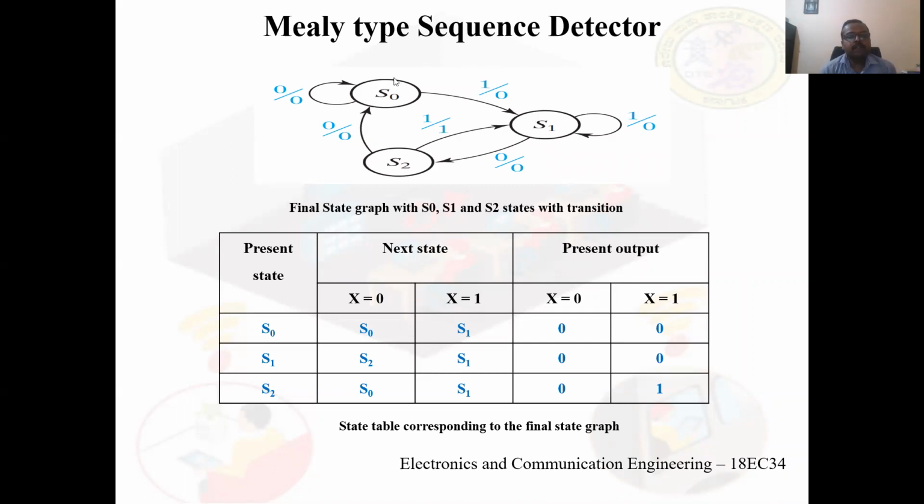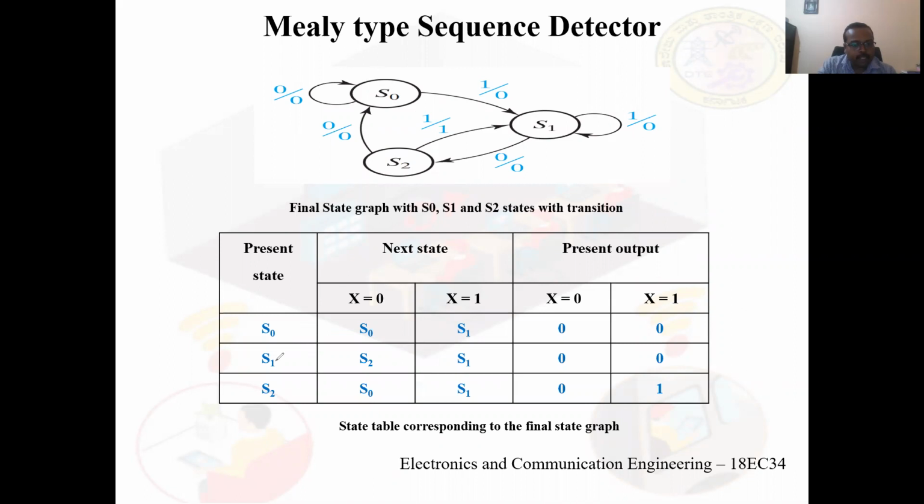Now from this final state graph we will come up with a state table. Now just by looking at the state graph, we'll write this table here. Now the present states are S0, S1 and S2, so we have written the present state here.